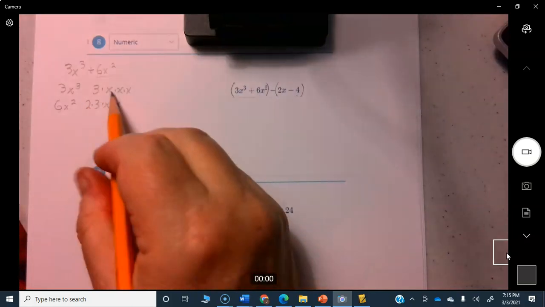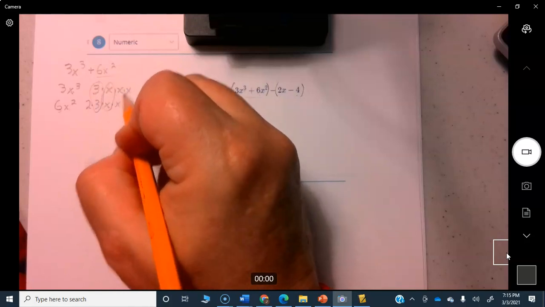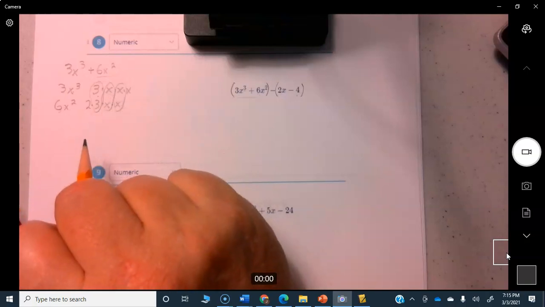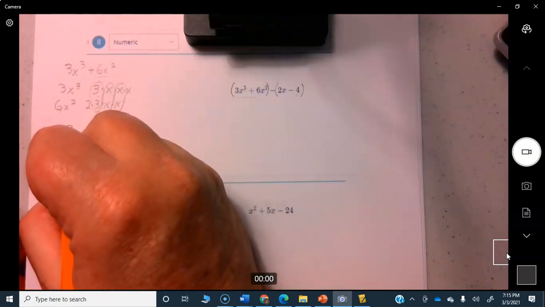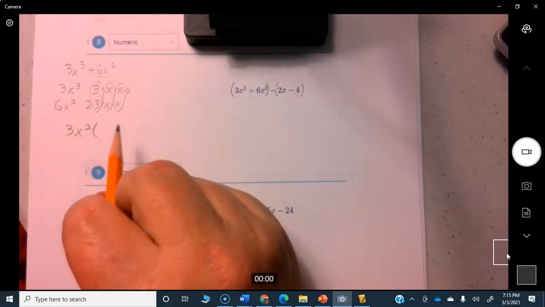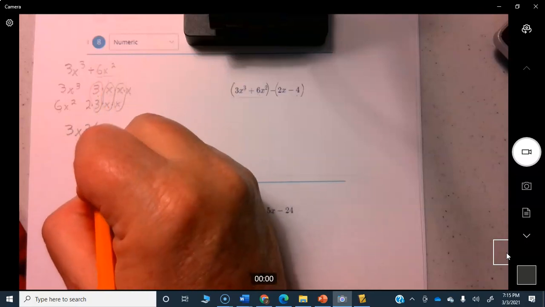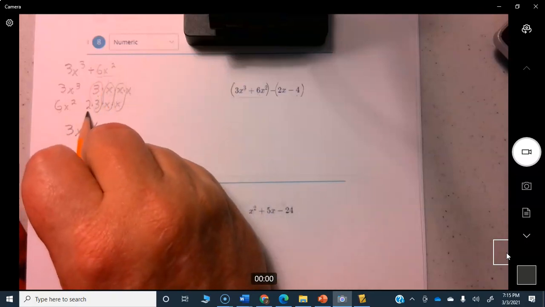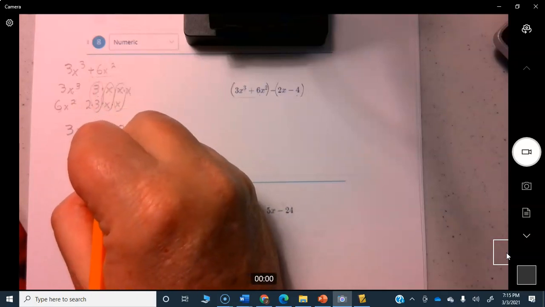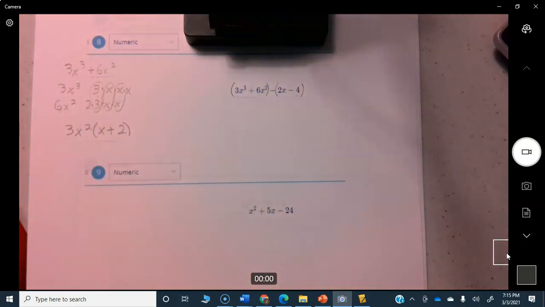Okay, and what do these have in common? They have the 3, they have an x there, and they have an x there. So that's 3 times x is 3x squared. So that comes out of the parenthesis. And then for this term, the only thing not circled is the x there, so that's an x. And for this one, it's a 2, and there is a plus sign between them, so you put a plus sign here. Okay, so this is the factored form of that.